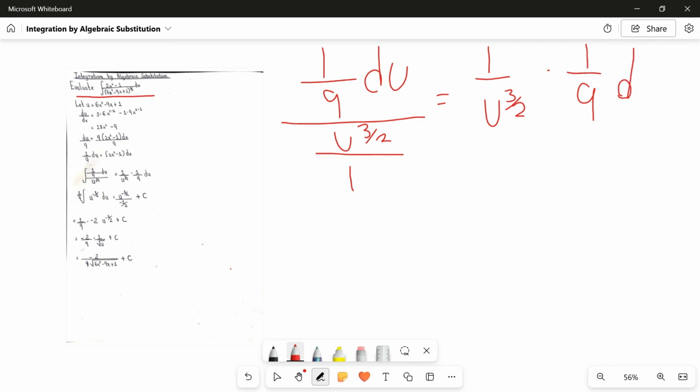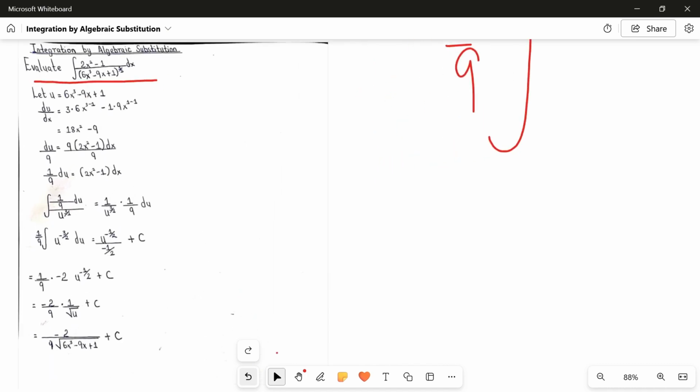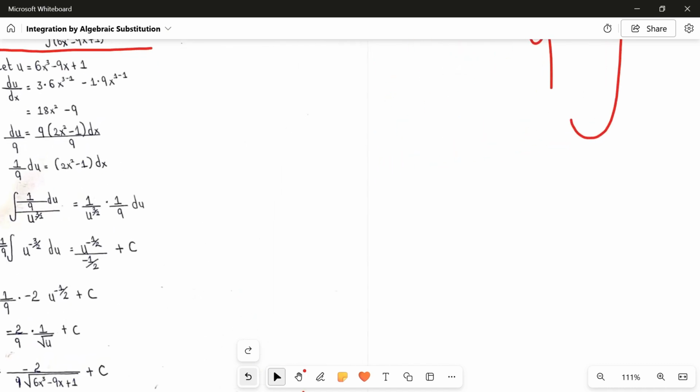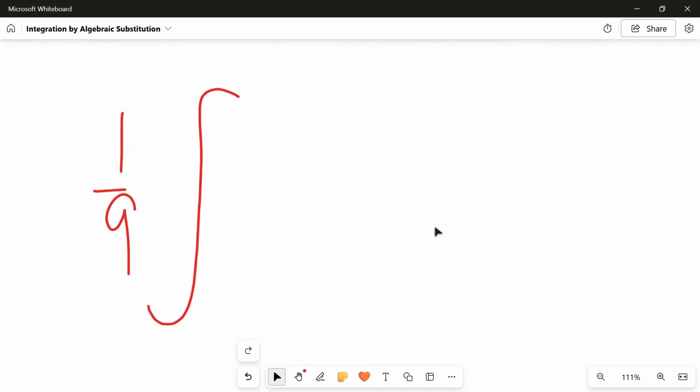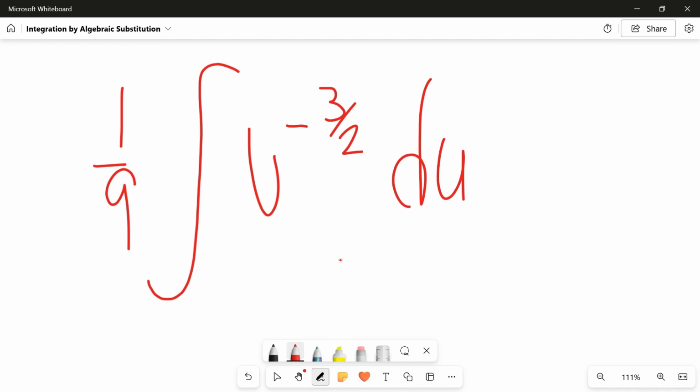Next step is place a 9th out of the integration symbol. So we have a 9th out of the integration symbol. And if you take a closer look at this value, 1 over u power 3 over 2 can be rewritten as u power negative 3 over 2. So we have this, and this is what we're going to be integrating.